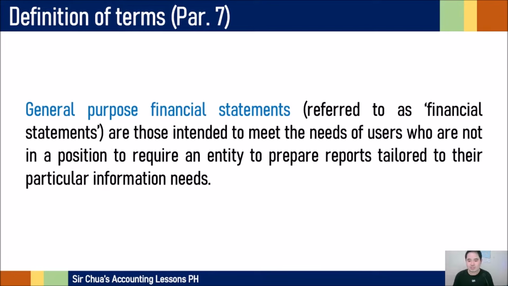When we say general purpose financial statements, they are prepared panglahatan. You are not in the position as a user of accounting information to request or require an entity for specific purposes, no, ng financial statements. So, ang pag-uusapan po natin under IAS 1 are financial statements only for general purposes. Panglahatan po, hindi po specific purposes.